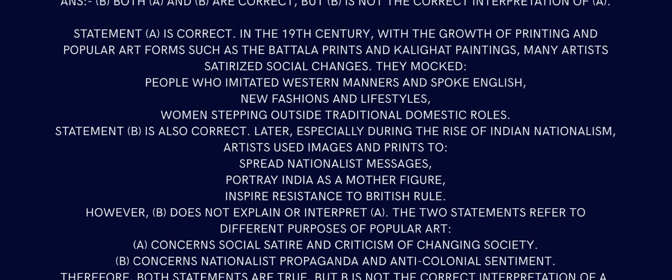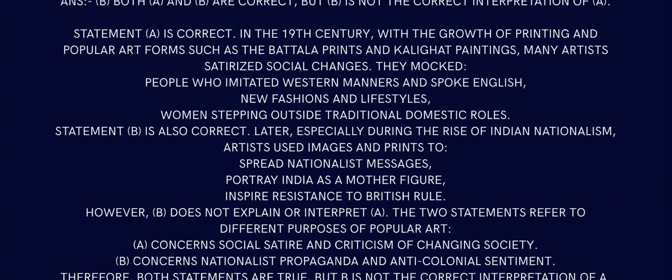They mocked people who imitated Western manners and spoke English, like why they are pretending to be English. So they mock them through art, this new fashion and lifestyles, and women stepping outside traditional domestic rules. That is also correct. Nowadays, if you see, all Indian people are following Western ways, so that happened long before.